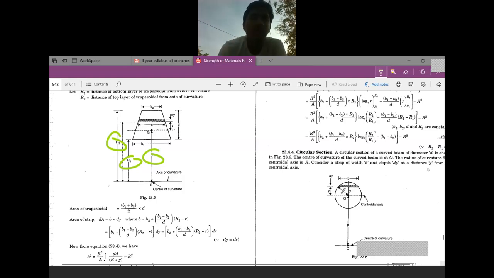Here you have an R value as well, and the length of the section.